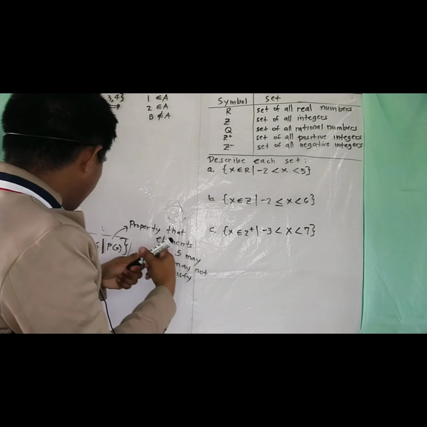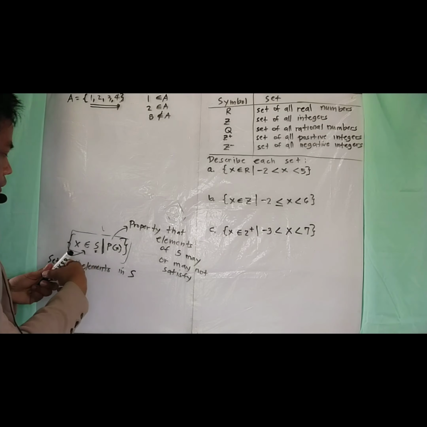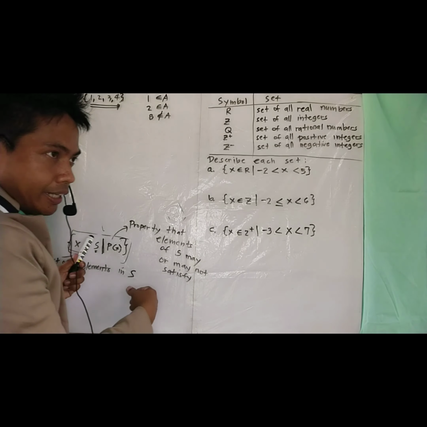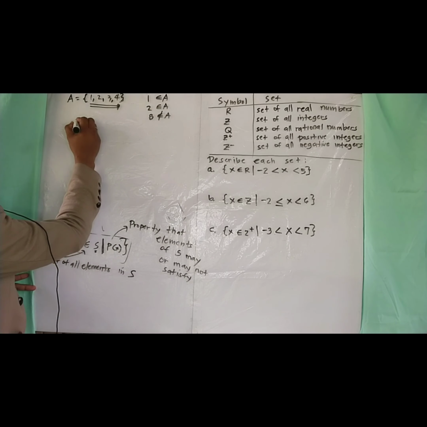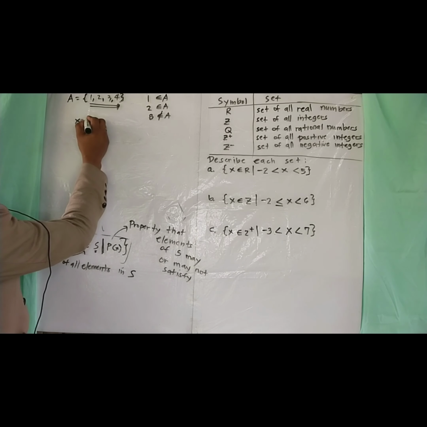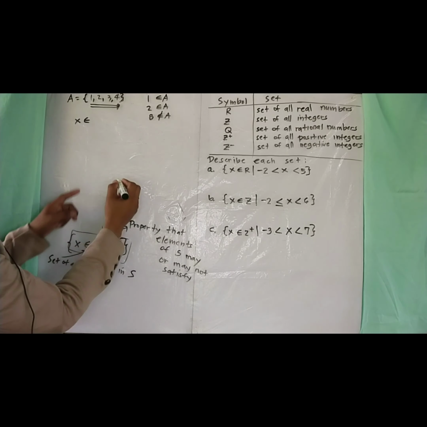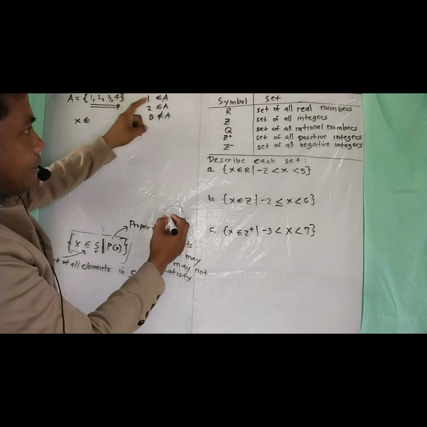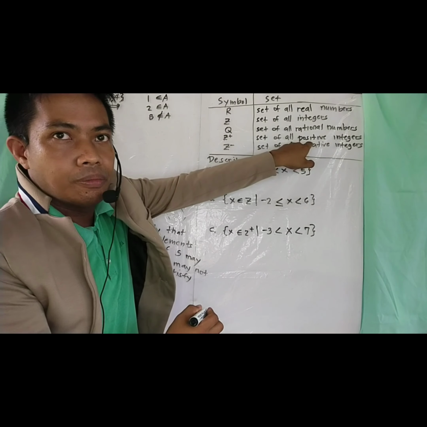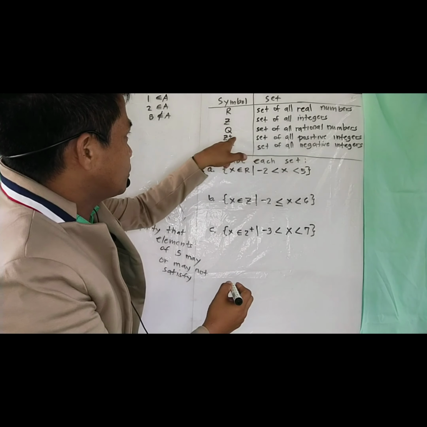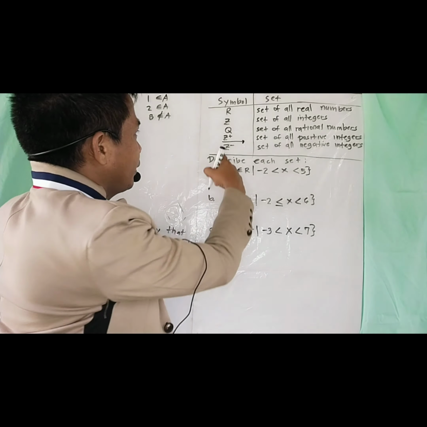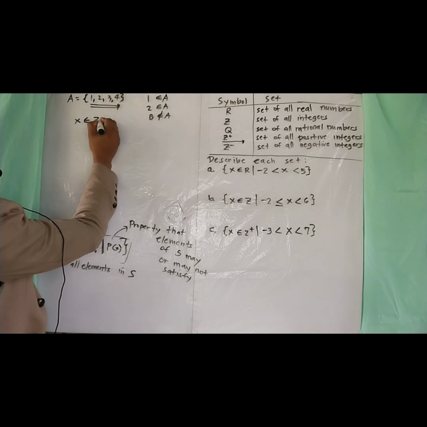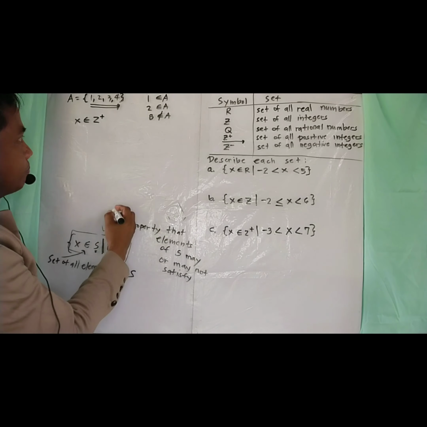Since we're going to use this method, we're going to use variable x pertaining to the elements of this set. So we have the set of x is an element of, since these are all positive integers or counting numbers, the special symbolic name Z exponent positive.